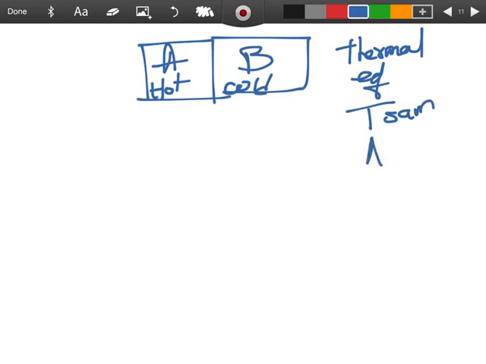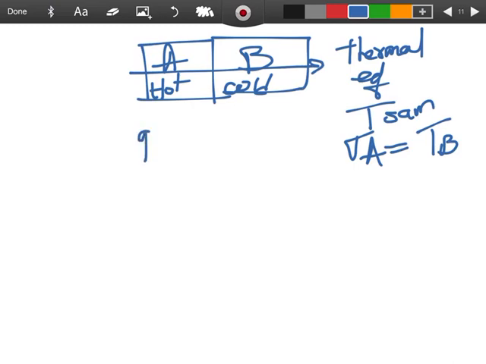So the temperature of A is going to decrease until it gets the same temperature as B, because the temperature of B is going to rise. And we know this because heat tends to move from hot to cold. And this direction is very, very important, because hot or cold temperature is directly related to energy.